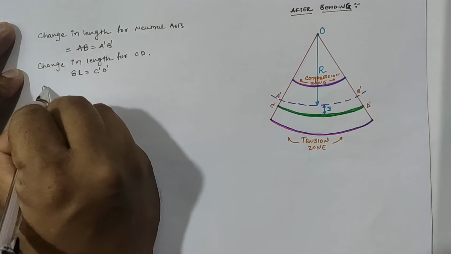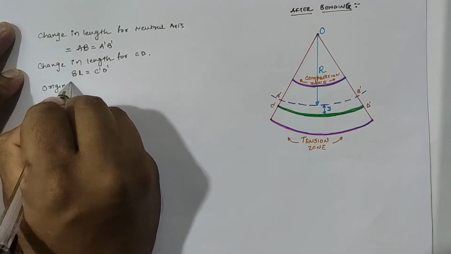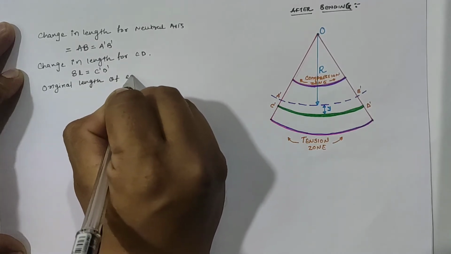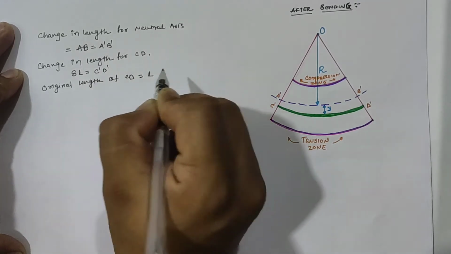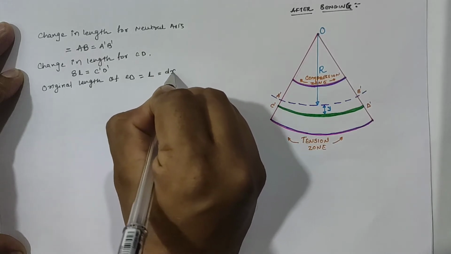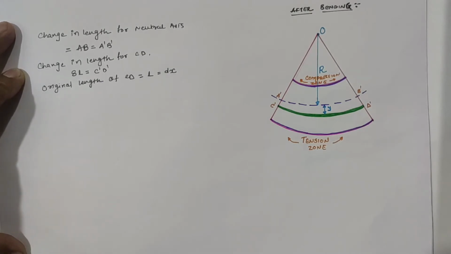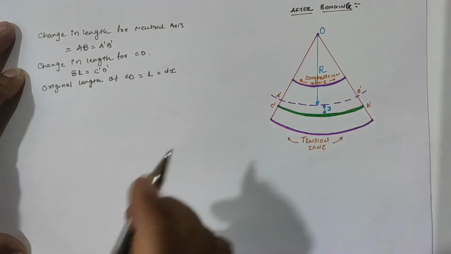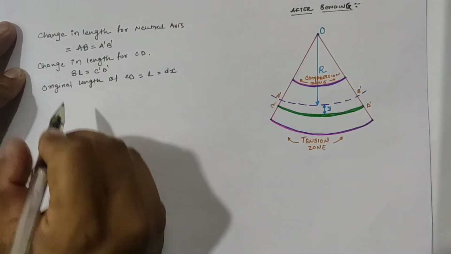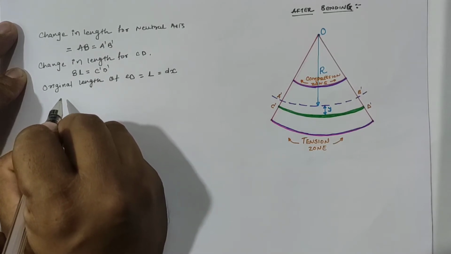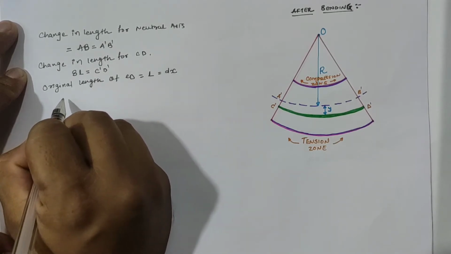Now we know that the original length of the layer CD is L, or our length of the cross section is dx, hence our original length CD is equal to dx. Now we know that the strain for the given section can be written as the ratio of change in length to the original length.